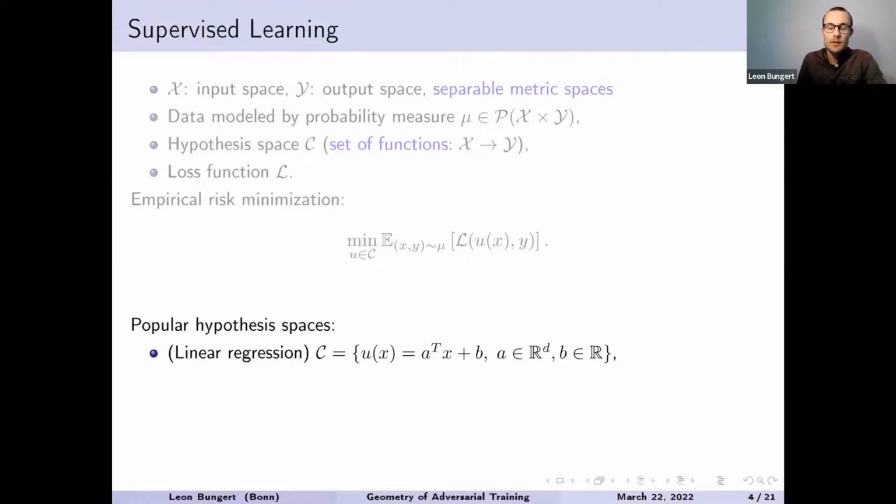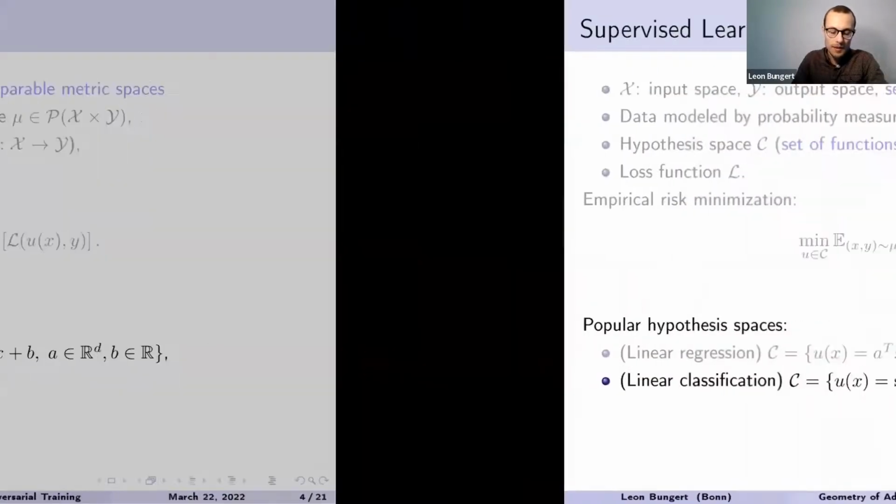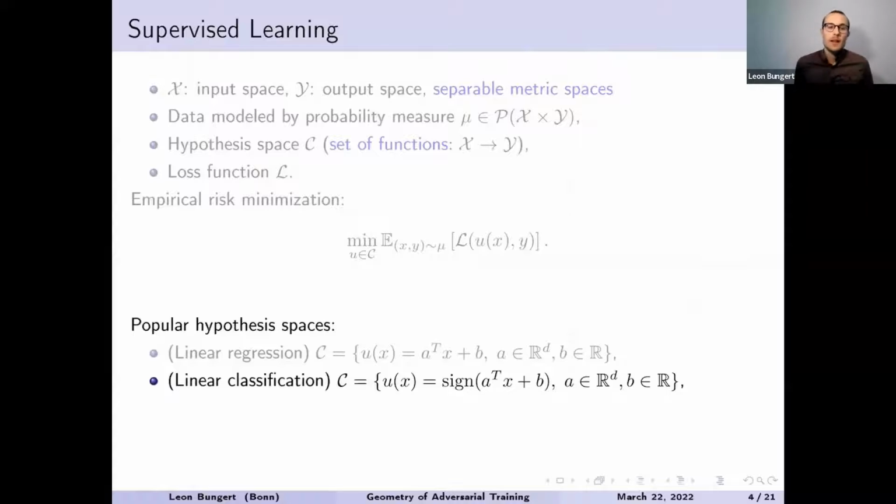The first one is a very easy one, where the class of hypotheses is just the set of linear functions, which can be written like this, right? And then this supervised learning just becomes linear regression. You can make this a little bit more complicated by composing a linear function with a sign operation, and this gives you a so-called linear classification.